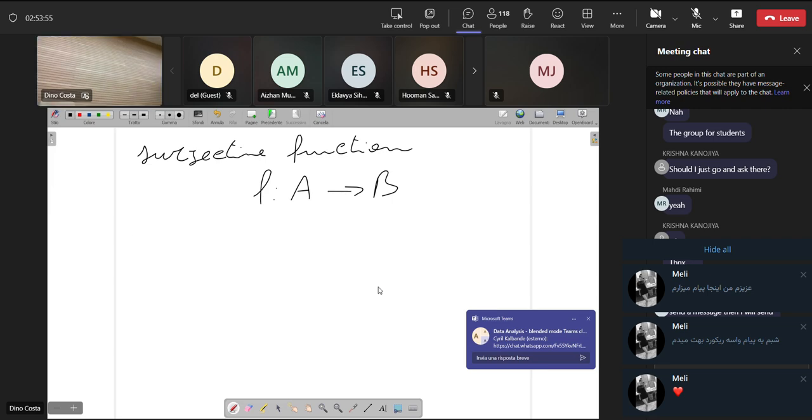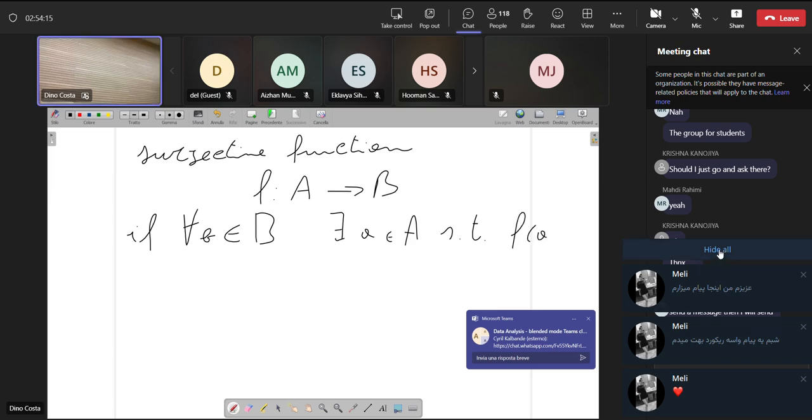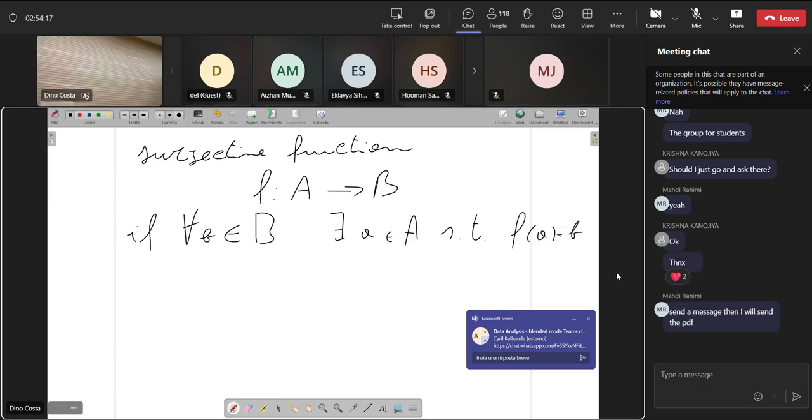If for all B in B, so now we are considering all the elements B in B, there exists an A in A such that F of A is equal to B.